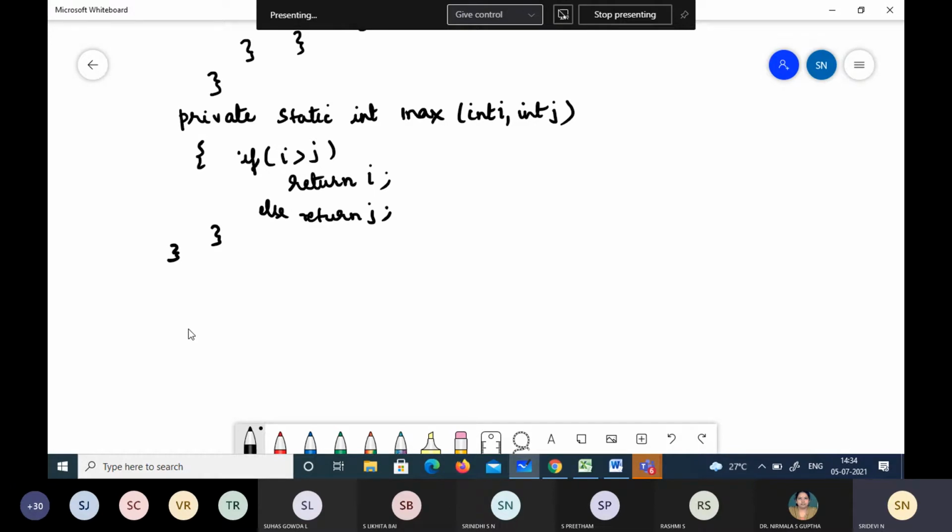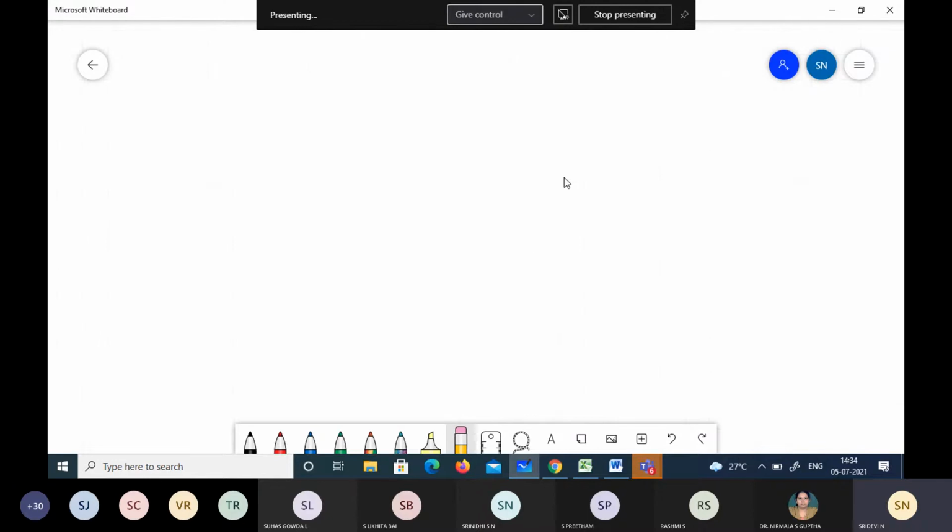Do you remember studying or discussing any single source shortest path algorithm? Which one? Dijkstra's. Yes, we discussed Dijkstra's, which is the algorithm to find single source shortest path.